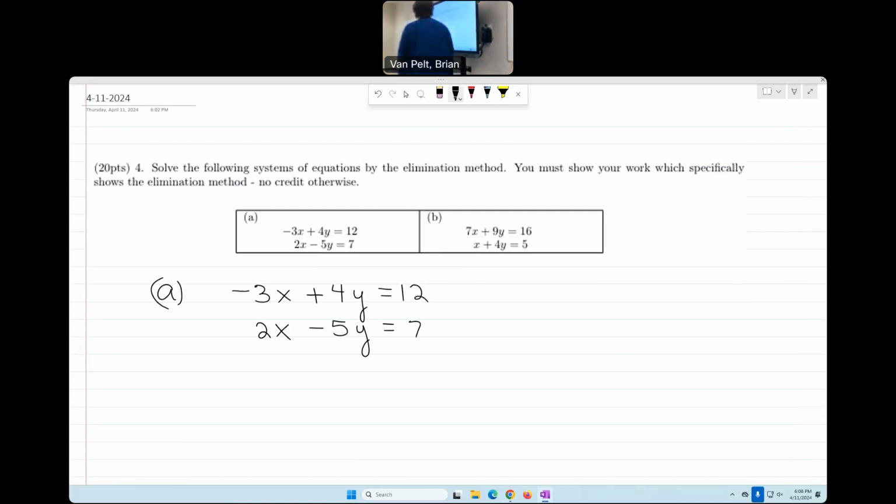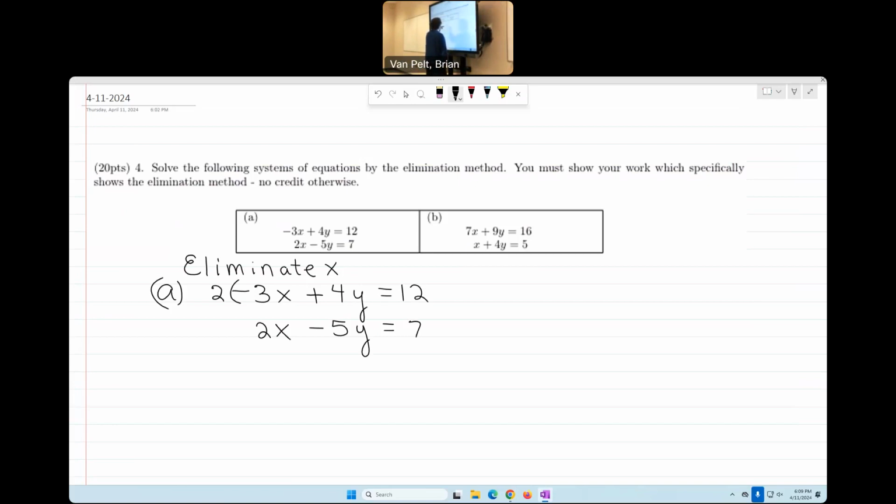So if I first try to eliminate the x's, so let's work that in first. Let's eliminate the x's. I'm gonna look at these things right here. I'm gonna try to make them the same, one negative and one positive. So what is the trick? What do I multiply up here by, down here by, to make it work out?